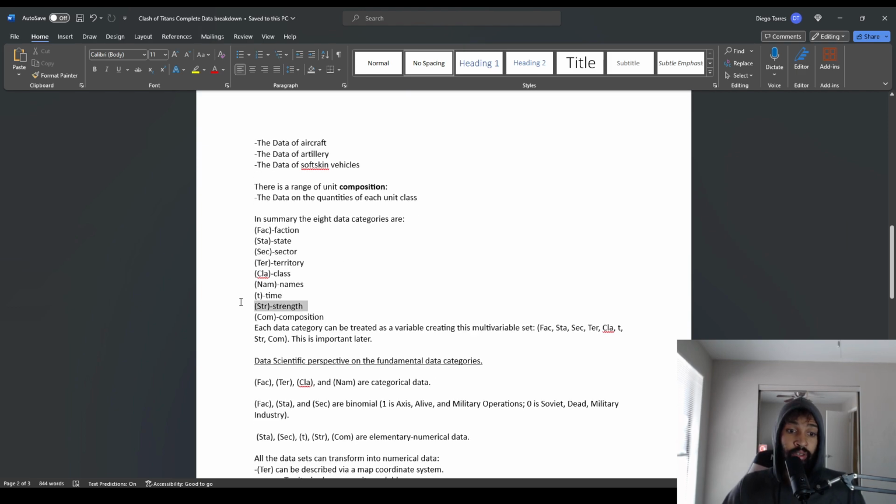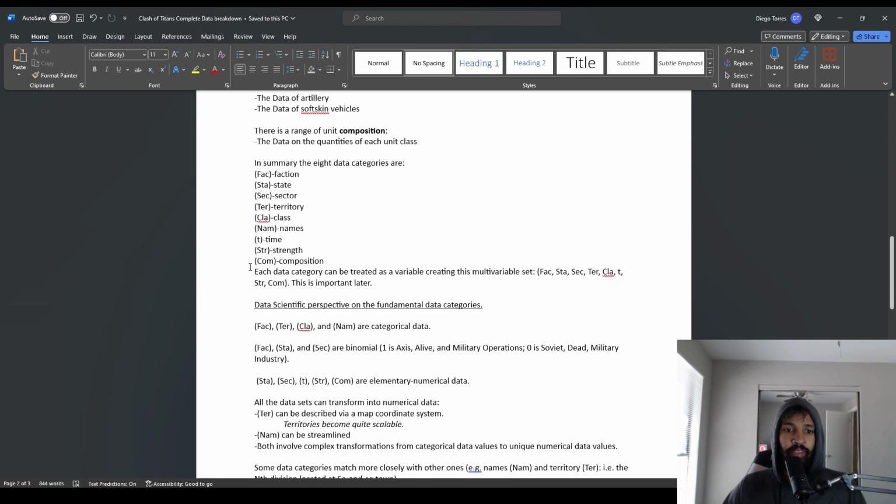What else? The strength of that unit. How many troops did it have? How many artillery pieces? How many tanks did it have? Etc. I think another cool one to add would be morale, but I don't think we can quantify morale, unfortunately. And then the next one we have is composition, right? How many divisions were in the battle? How many armies were in the battle?